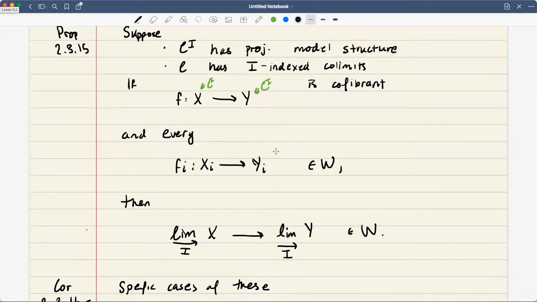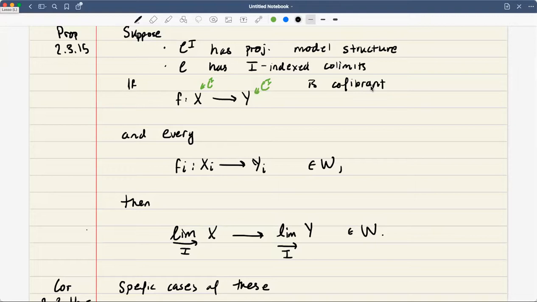be a weak equivalence. So, this map from X to Y induces a map from the colimits of X to the colimits of Y, because these are both functors, these are actually objects in C, and they are weakly equivalent if the conditions above are true.